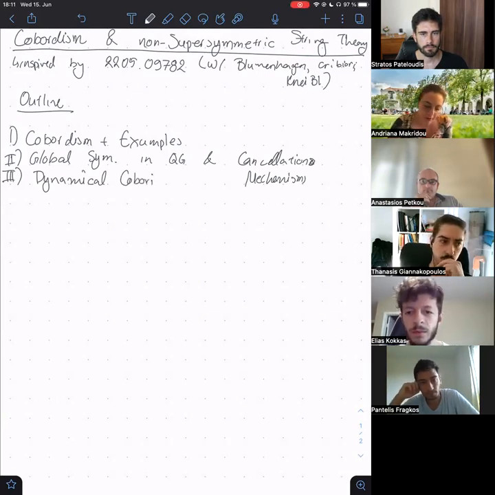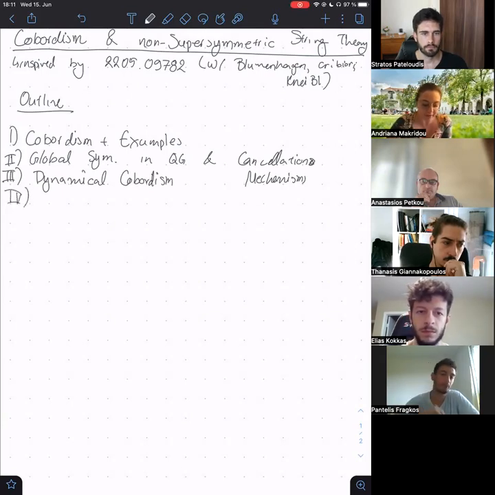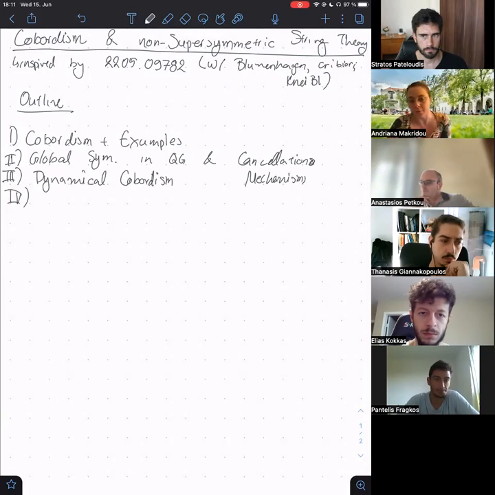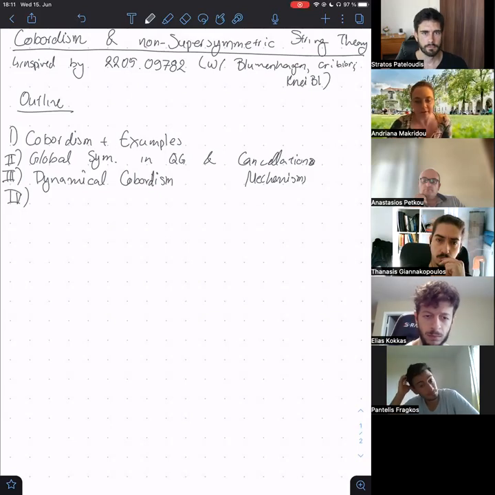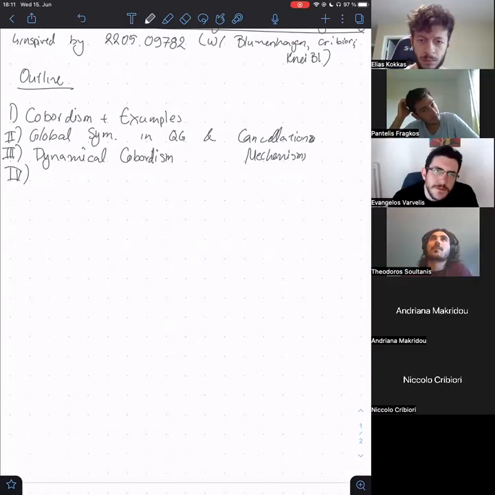And we are going to provide an explicit realization of this dynamical cobordism setup with a bit more mathematical motivation. The last part is going to be focused on our paper and one specific example we have constructed, but let's see if we reach that part.